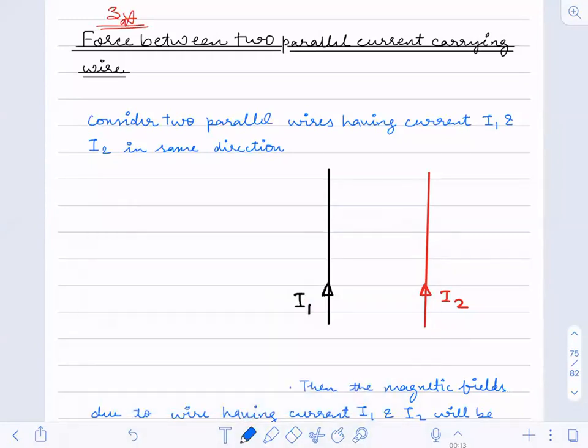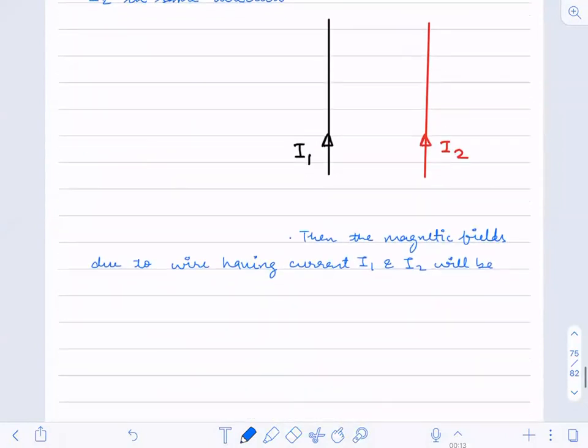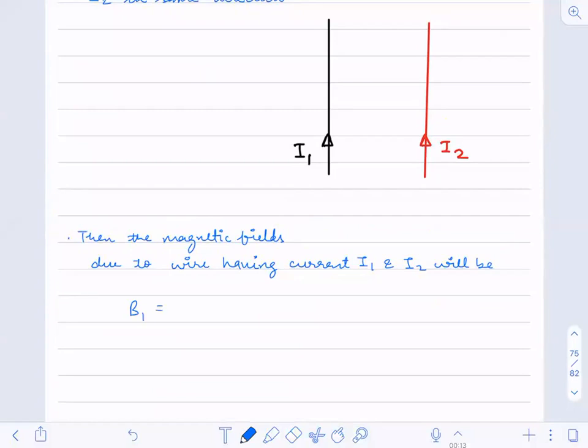Due to wire 1, I'll be writing it as B1 = mu naught I1 divided by 2 pi r, where r is the distance.